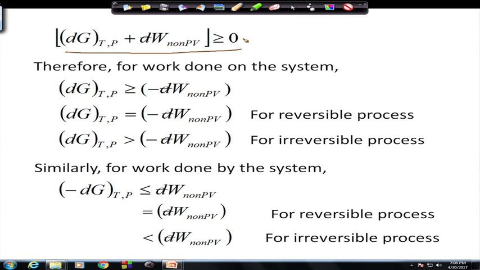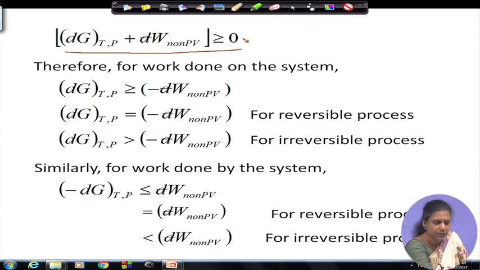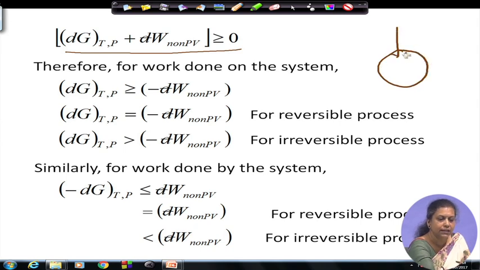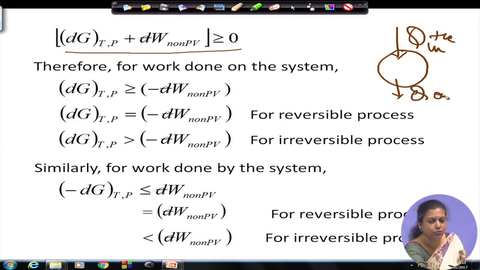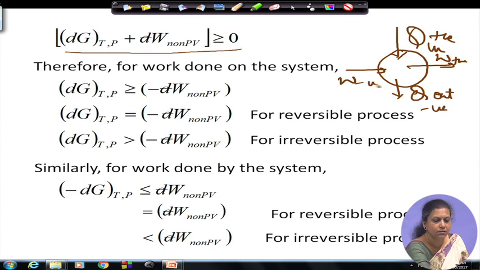Now, if you observe this equation, we can write it in two ways. The first is dG_TP greater than or equal to minus dW non-PV. What is minus dW non-PV? If you remember the sign convention we are using, Q in is positive and Q out is negative; work done by the system is positive, work done on the system is negative.